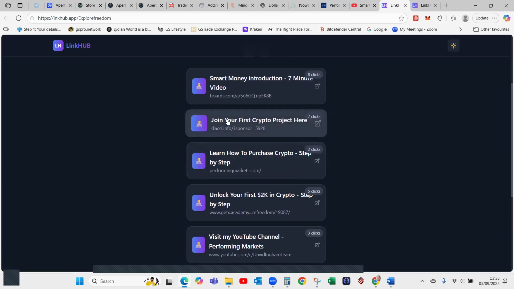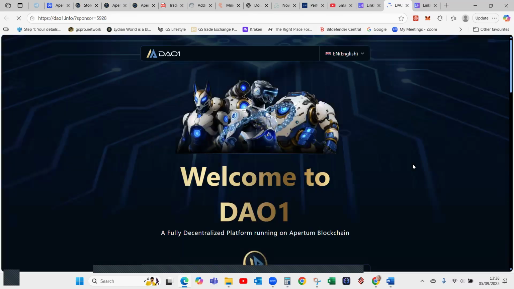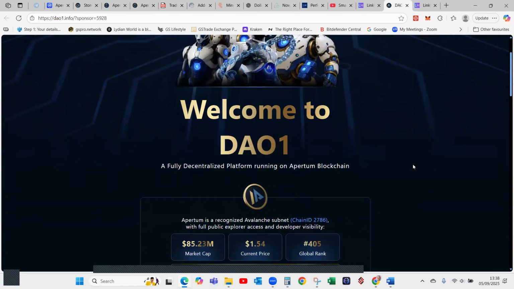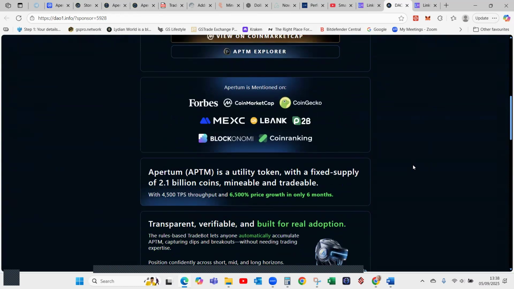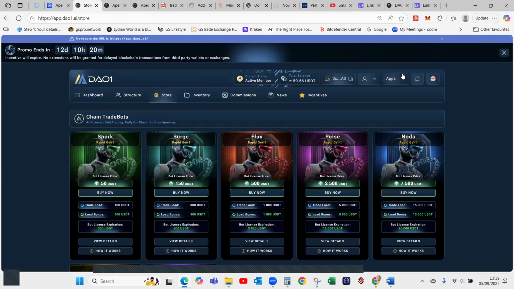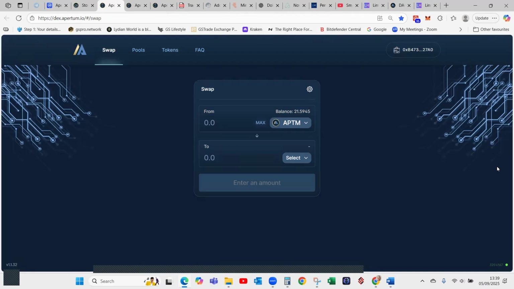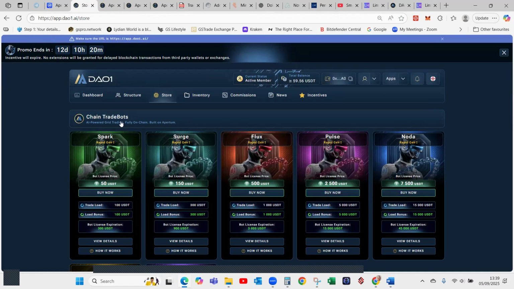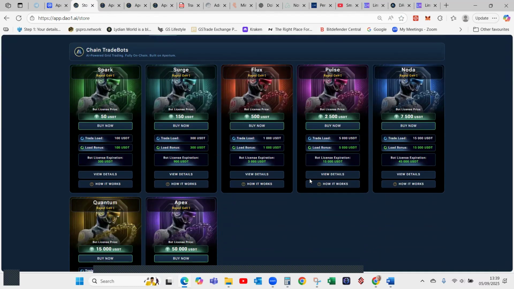Then just click on this, which is welcome to DAO 1, and register your account. Once you've registered, you're ready to go. Go to the apps, go to DEX, get some Apertum tokens, and put some into the liquidity pool. And if you want to buy a trading bot, you can get yourself a nice trading bot as well.